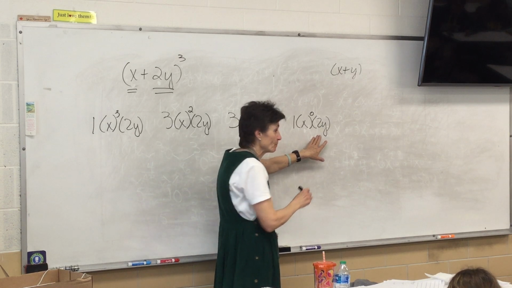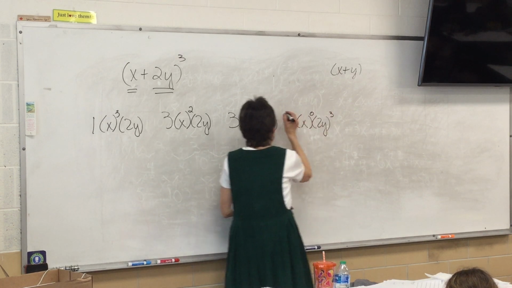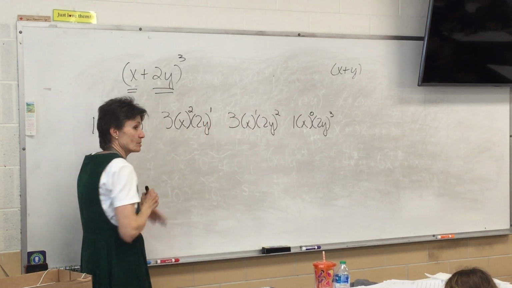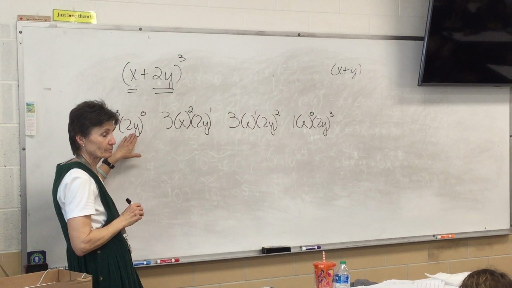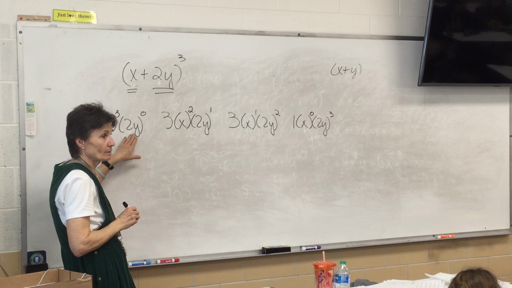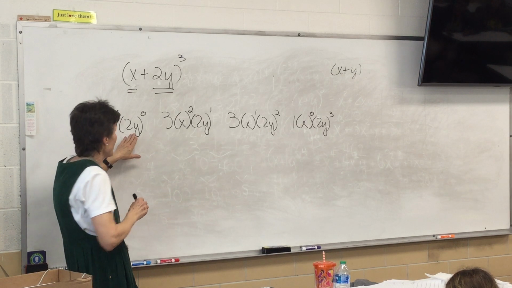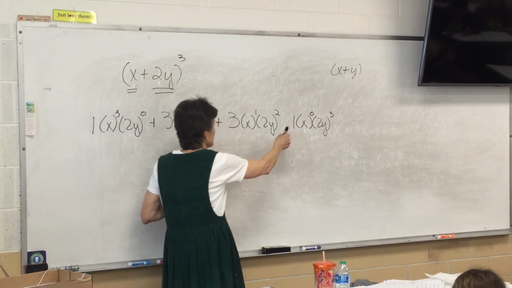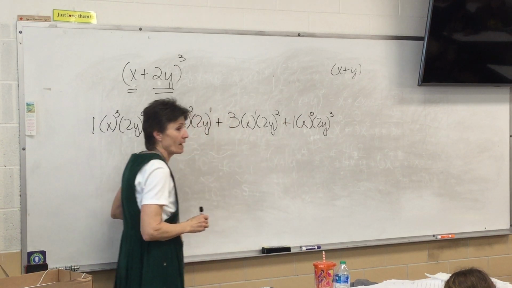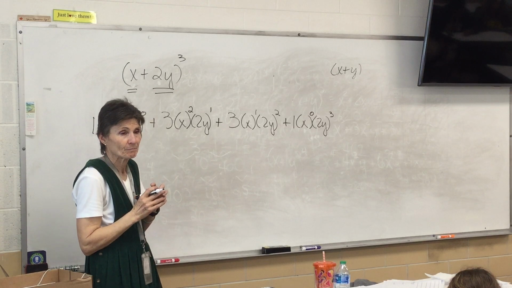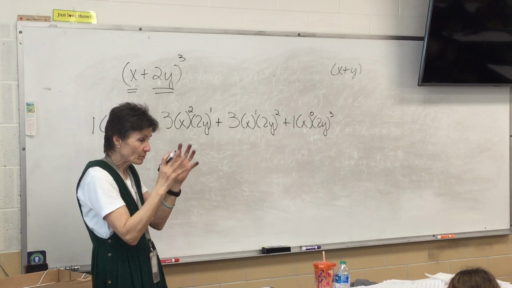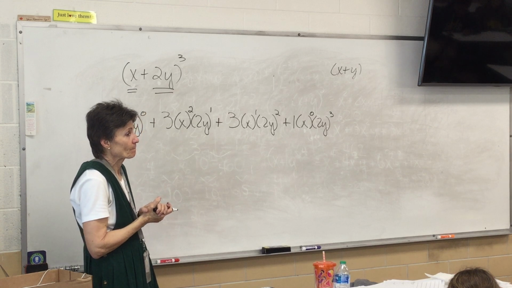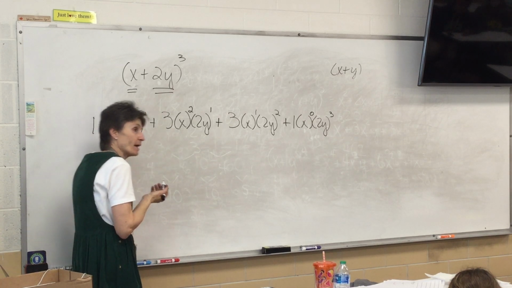What's this? 3, 2, 1, 0. So that will disappear. Now, I hope you spread it out enough that you can see separate terms. Put a plus sign in between each grouping. So each x and y grouping, put plus signs in there. And now we're going to simplify.